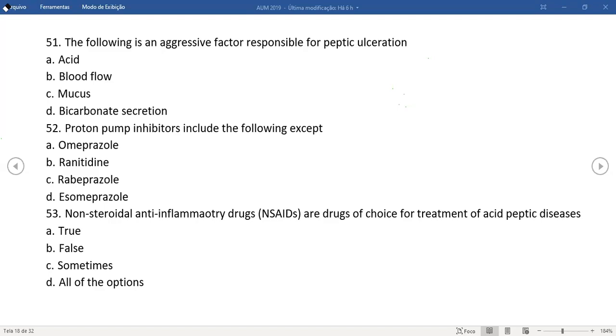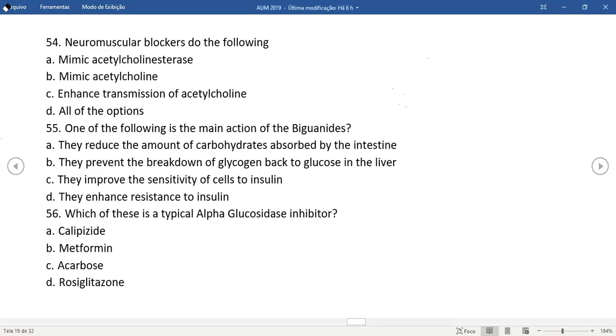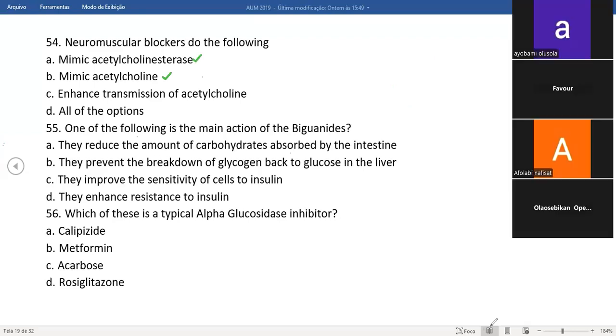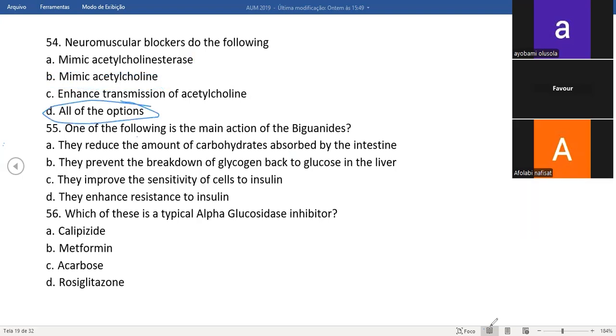False. 53 is false. Question 54. Neuromuscular blockers do the following. The answer is B, mimic acetylcholine.